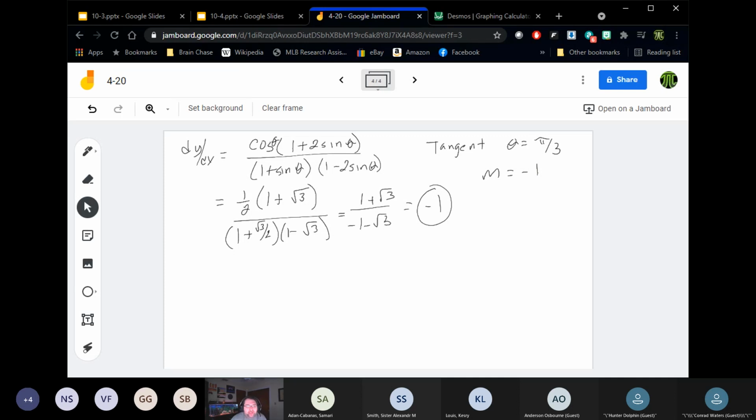Once we have our point, if we wanted to find the equation for it, we would have to get the point where theta is pi over 3 and the radius, and then plug it into the y equals mx plus b equation to get the actual equation. But this problem was just looking for the slope of it.